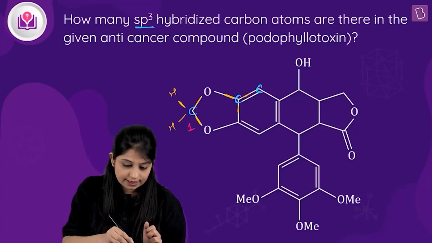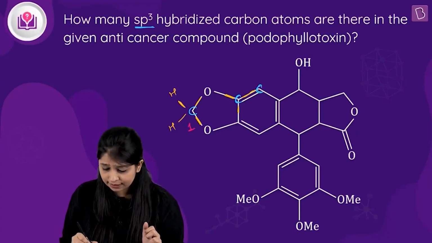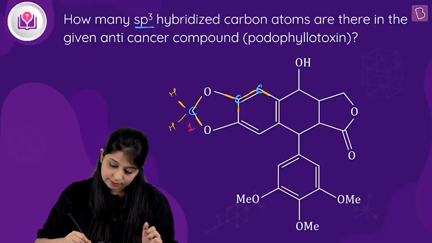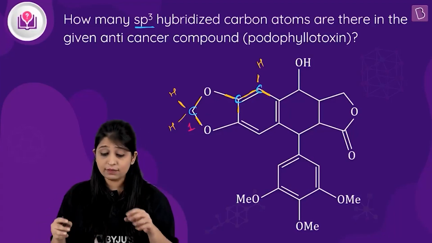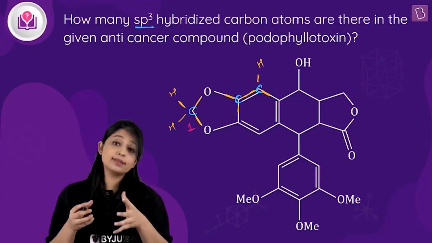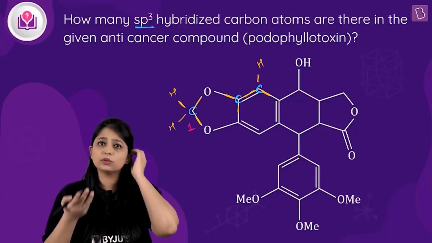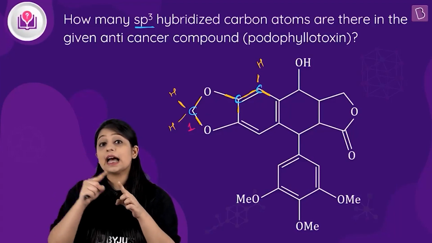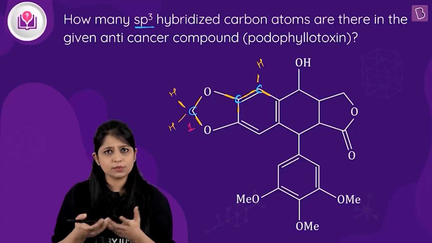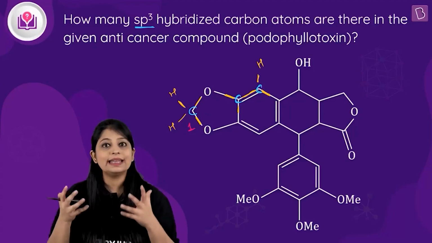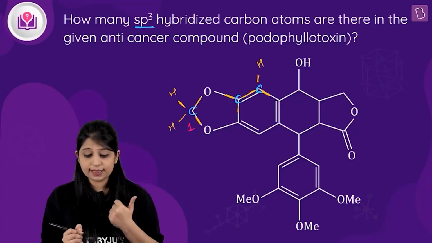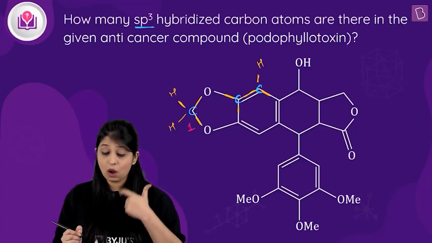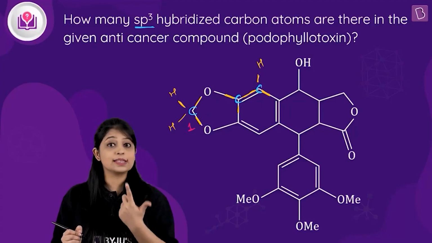The next carbon, if we see, is also the same. It's making 3 sigma bonds, correct? So wherever you see that the valency of carbon is less in the bond line structure, that valency is filled by hydrogen atoms, because we don't show C-H bonds in the bond line structure, right? So for this carbon atom, we see there are 3 sigma bonds and 1 pi bond, because it has 1 double bond.